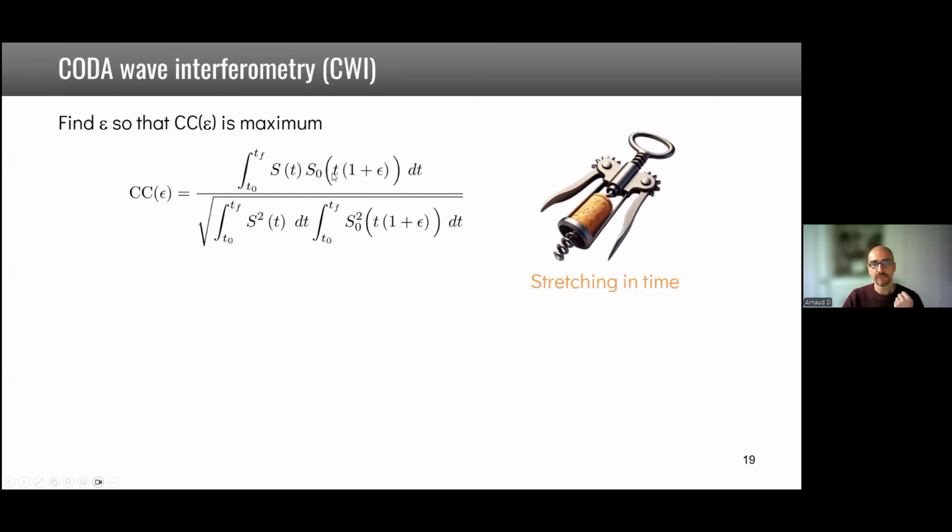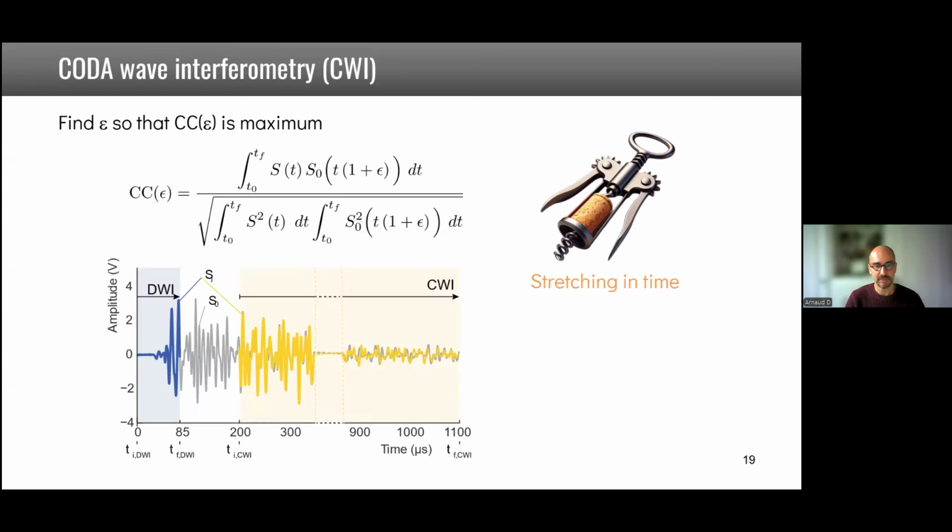So we assume that if we take, and I'm sorry, maybe the stretching should not be on the reference signal, but on the other one, but it doesn't change much. So we assume that if we stretch one wave compared to the other one, then there is an optimum where CC is maximum, and then we find what the stretching factor is. And hopefully, when we have found the stretching factor, the correlation coefficient is 1, which means that our major hypothesis is met.